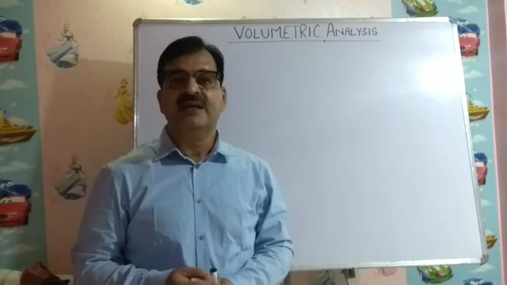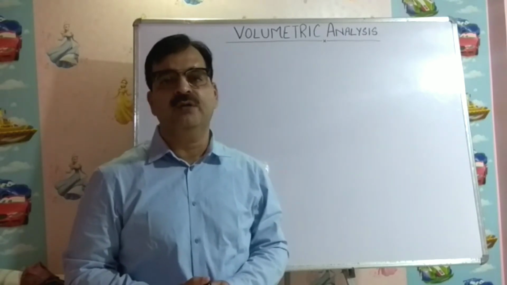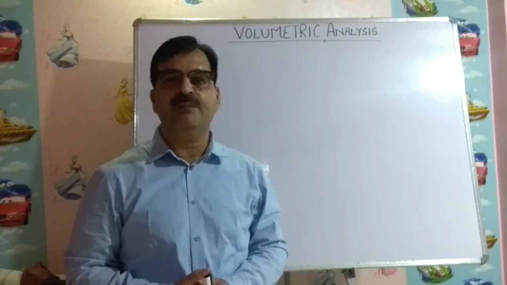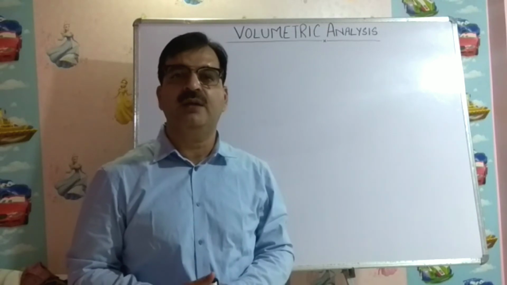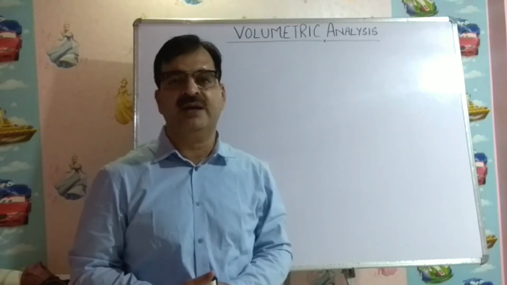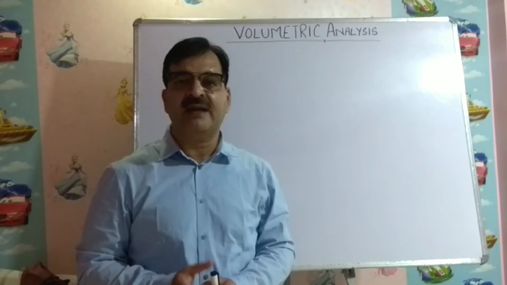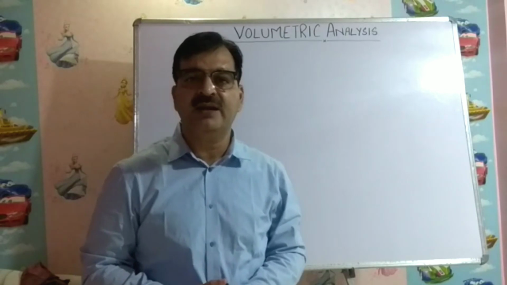In a similar way we represent volume percentage. So volume percentage of component A is equal to volume of component A divided by total volume of solution into 100. Then after these rough methods, we come to know about the molarity of the solution.